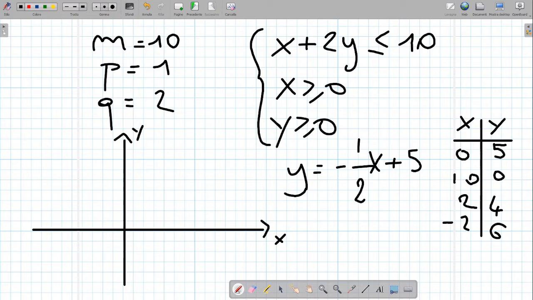Okay. So the points are 0, 5, 1, 2, 3, 4, 5. Okay, I can also use a square to draw it. Then I have 0, 10, so it's here actually the point.